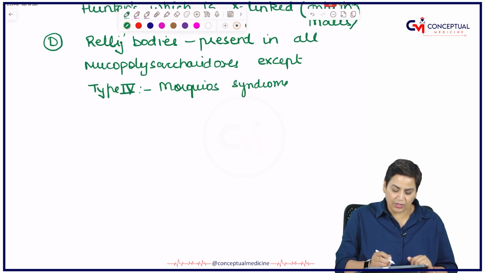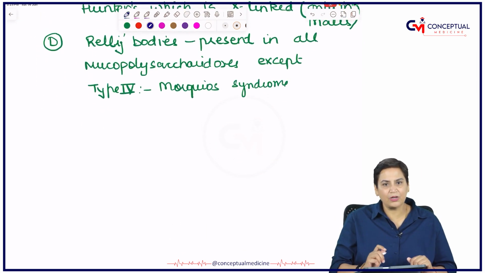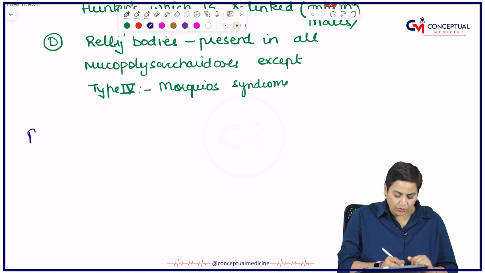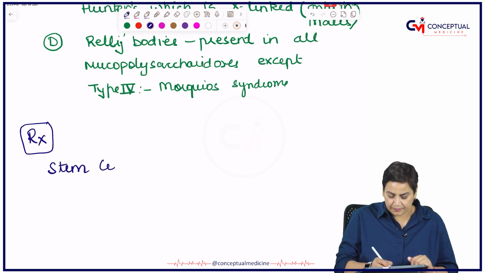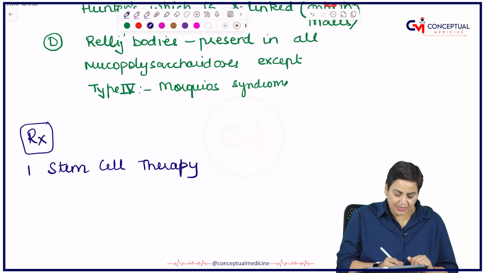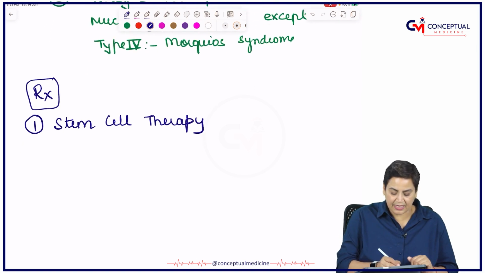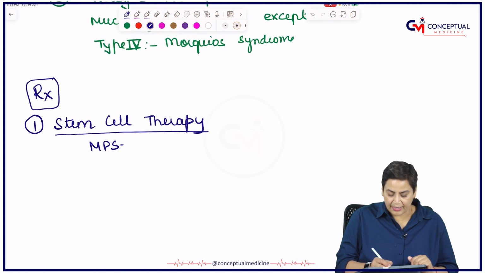Then we come over to the most important one. What is the treatment of this? So if we talk about the treatment, one is stem cell therapy. And the stem cell therapy is basically available for mucopolysaccharidosis 1H, 1S.